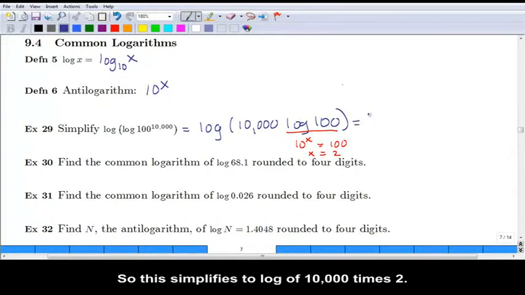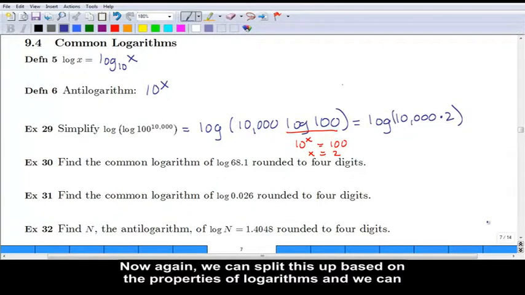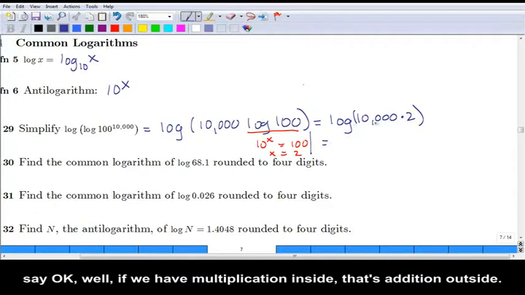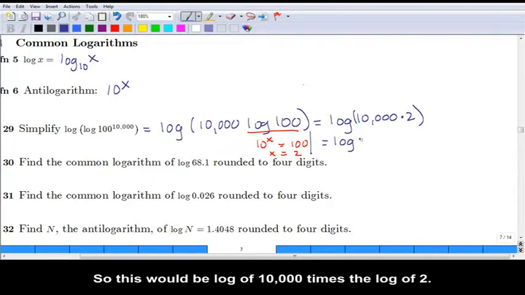So this simplifies to be log of 10,000 times 2. Now, again, we can split this up based on the properties of logarithms, and we can say, okay, well, if we have multiplication inside, that's addition outside, so this would be log of 10,000 times the log of 2.